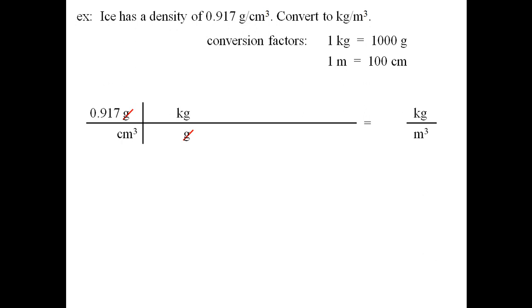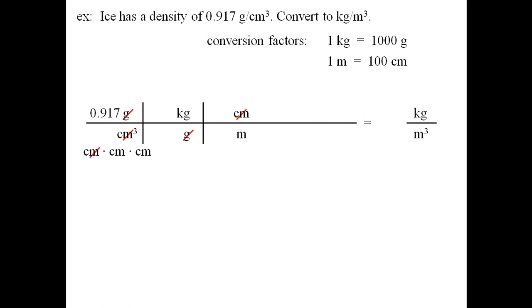Now, to convert the cubic centimeters, I'm going to write centimeters cubed, centimeters to the third power, as centimeters times centimeters times centimeters. Now, why do I do that? Because it's easier for me to see that when I'm converting centimeters to meters, I'm putting centimeters in the numerator so that they cancel themselves out.